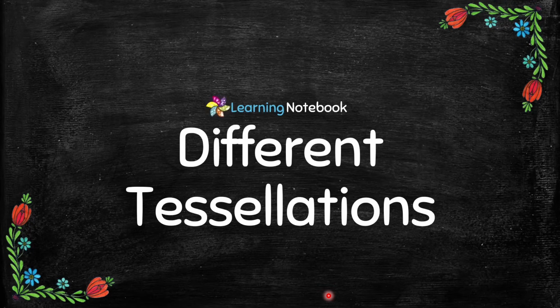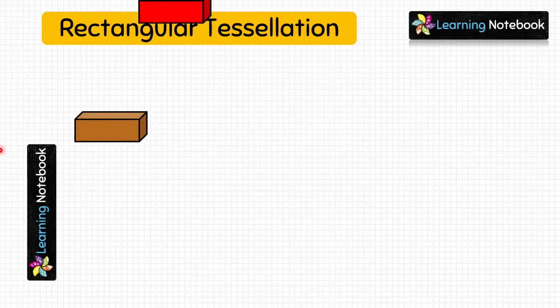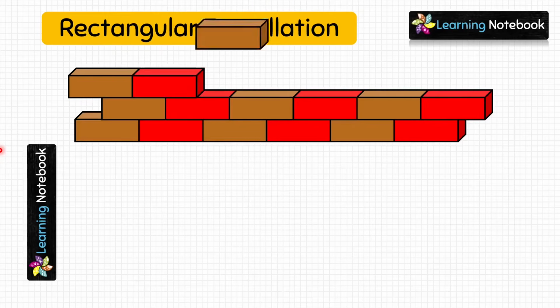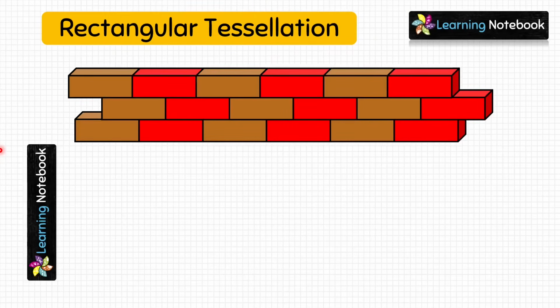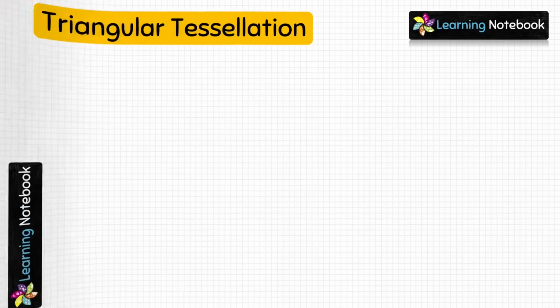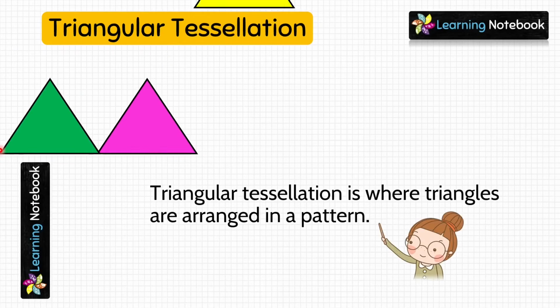Now let's talk about different tessellations. Rectangular tessellation. So what is rectangular tessellation? The arrangement of bricks on a wall is an example of rectangular tessellation. Next is triangular tessellation.